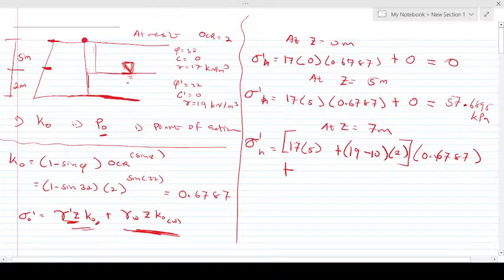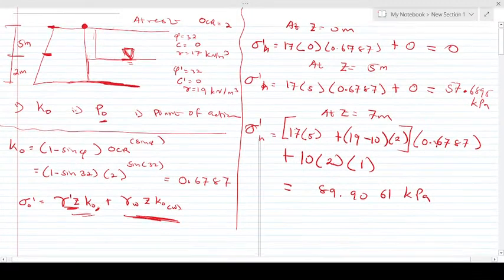Yes, there is a column of water above it. So our gamma of water is 10. What's our Z? Our Z is 2. Then what's our K naught of water? Just as we said, our K naught of water is 1. So computing this, we have 89.9061 kilopascal.